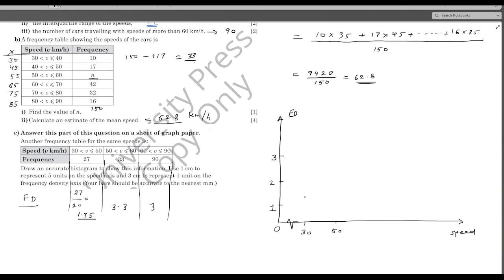So 1.35 will be between 1.3 and 1.4, and you draw one bar like this.